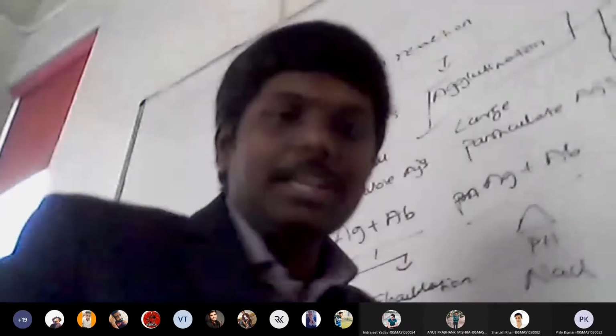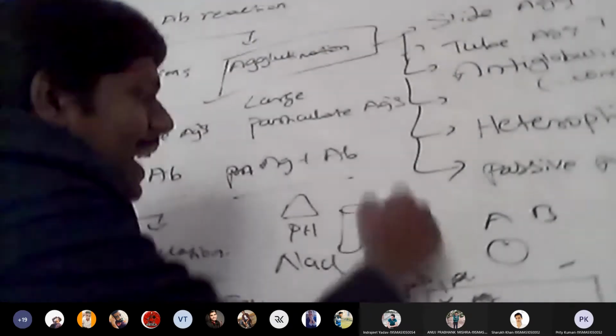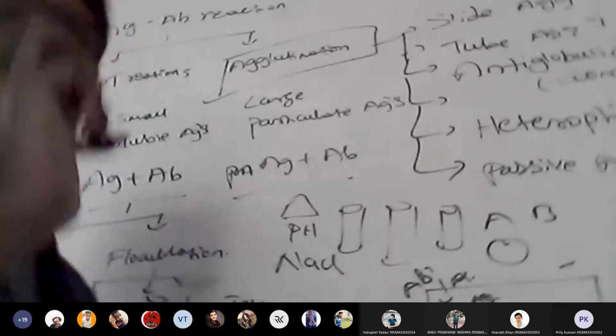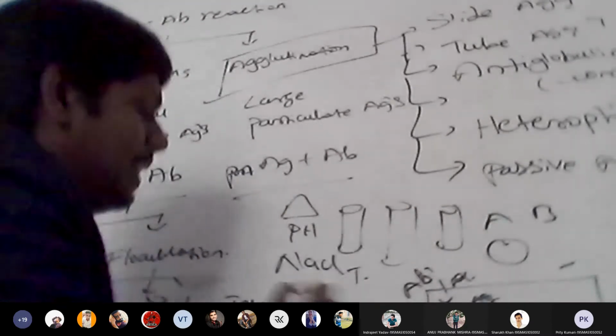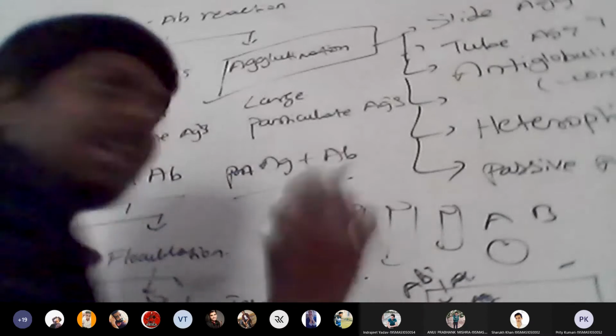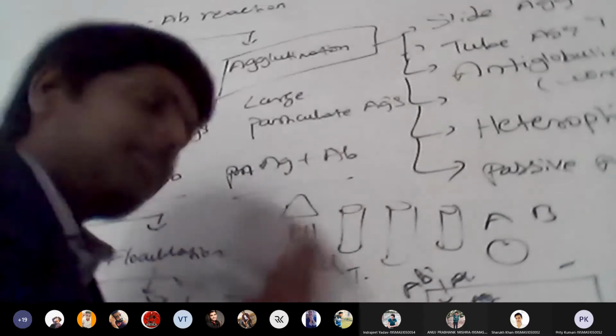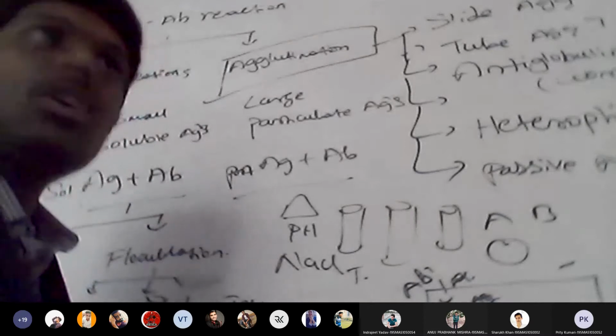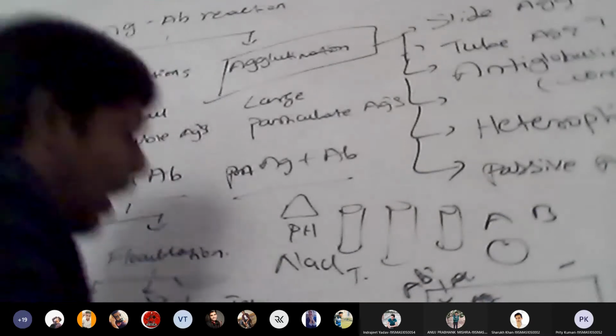Okay, let me explain here again. See students, how will I know the amount of antigen in the patient sample? For example, the patient may have 2 grams of antigen.